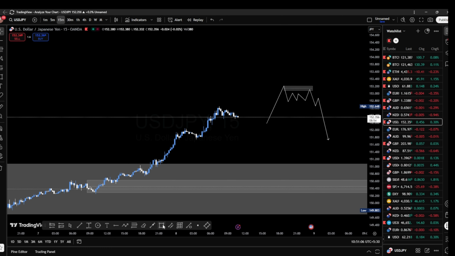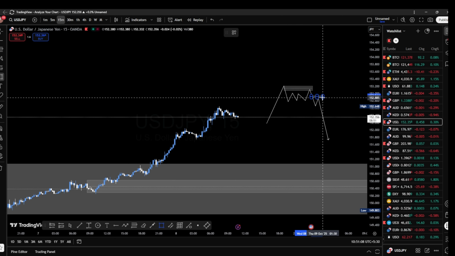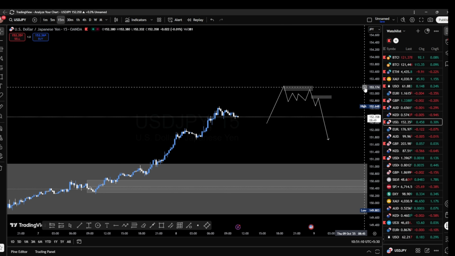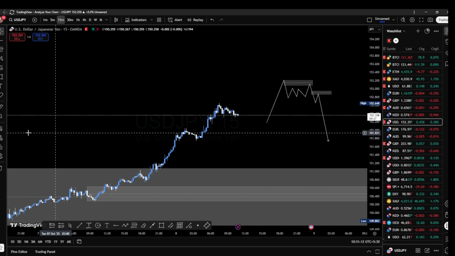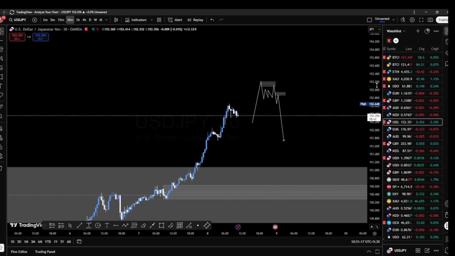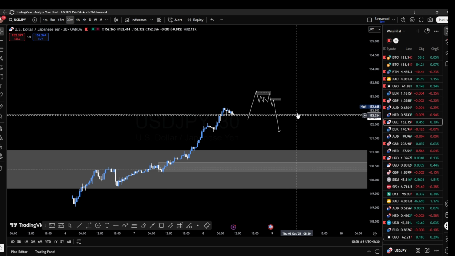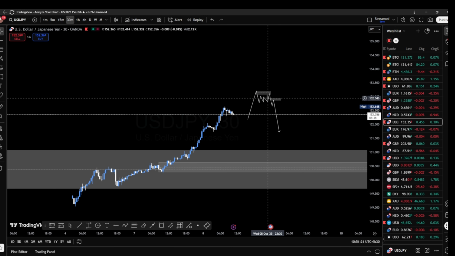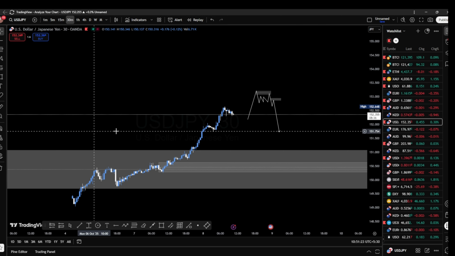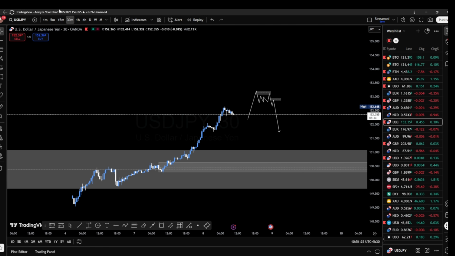If this type of pattern happens, then I would go downside for a scalp. Okay, this is for UJ right now. If this kind of thing happens on a shorter time frame, I would go downside from this level, but not right now.